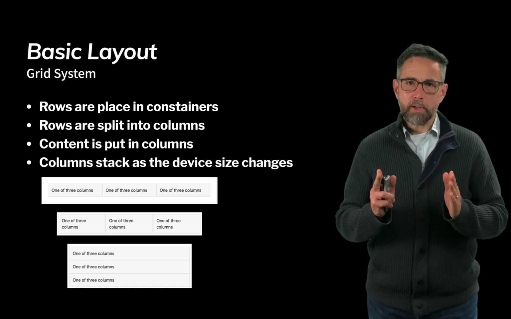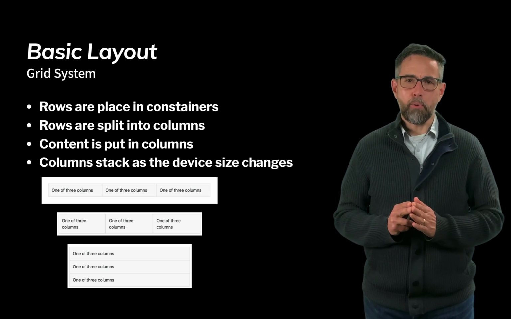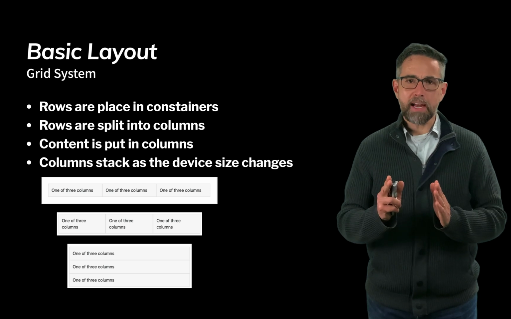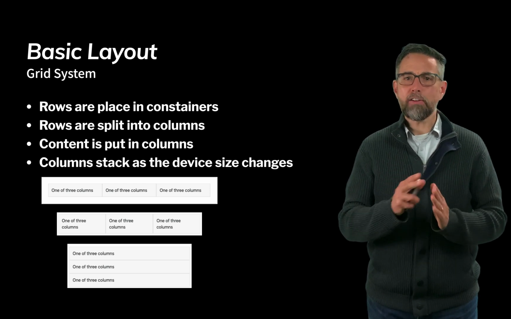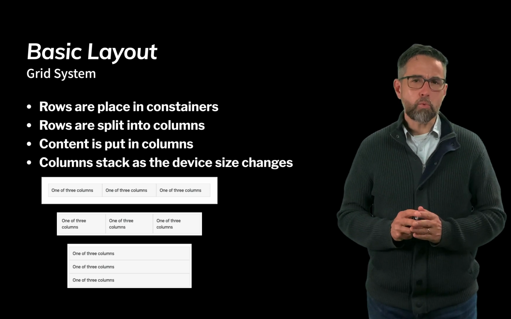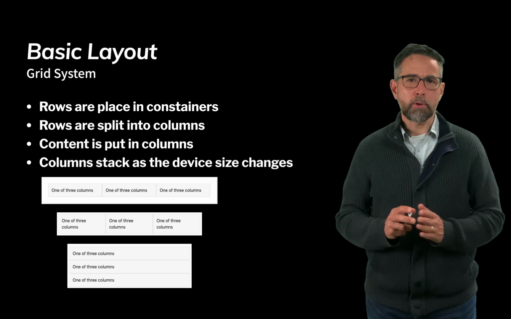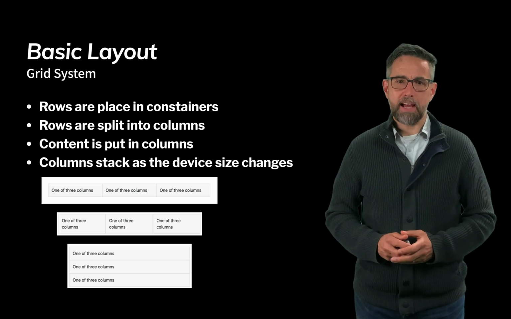But once the size of the device gets smaller yet, it crosses over one of our breakpoints, and those 3 equal-sized columns are no longer displayed horizontally next to each other. Instead, they're displayed stacked on top of each other. This is still considered one row with 3 columns, but those 3 columns have stacked on top of each other to accommodate a small device size.